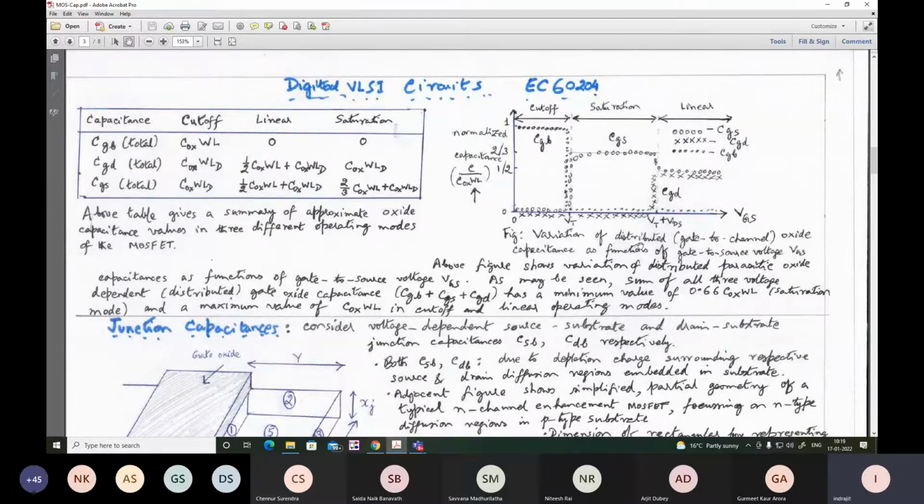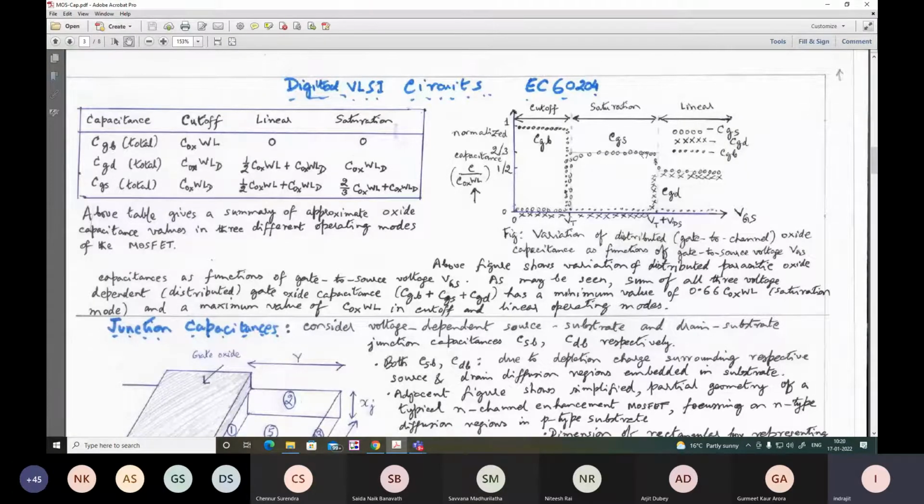Now, as VGS increases from 0 onwards till it is below the threshold voltage, the mode of operation is cutoff, and after that, as VGS exceeds VT, for a fixed value of VDS, let us say VGS is small, VGS minus VT is less than VDS, so the device enters saturation, and this is CGS, 2/3 COX W L. So this is the voltage dependent part only.